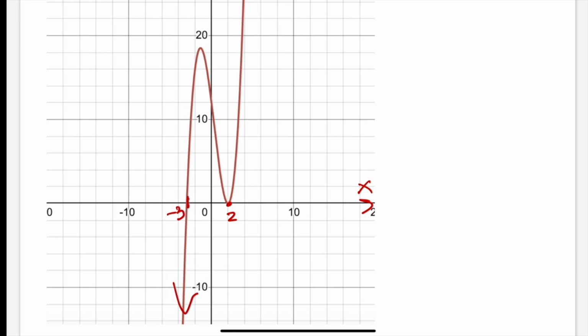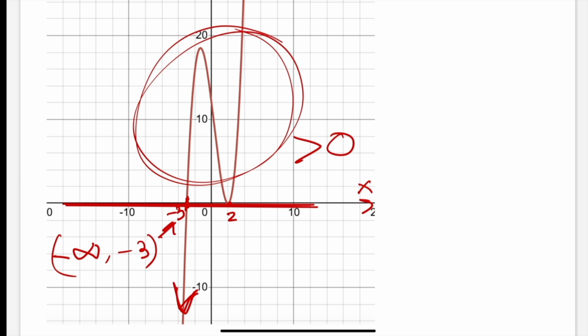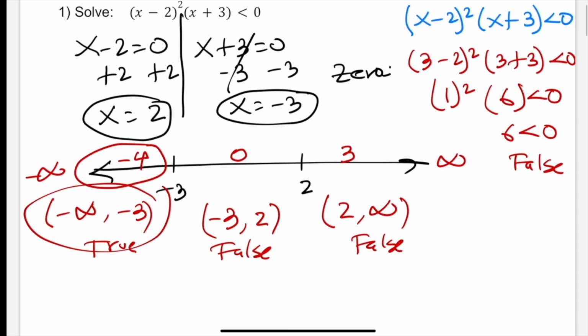These graphs keep going all the way down and to the left, all the way from negative infinity to negative 3, because that's where I'm touching the x-axis. So if you have the graph, you just want to know what values are below the x-axis. If your inequality is asking you for anything greater than 0, then it's going to be above your x-axis. Okay, if you notice, I can get the interval from my graph or algebraically.